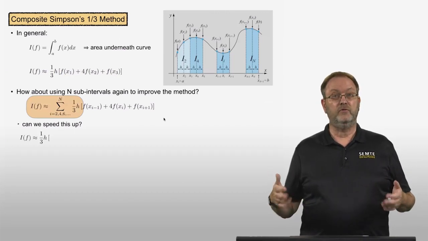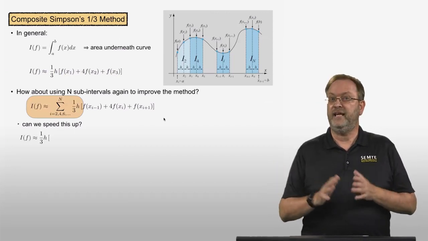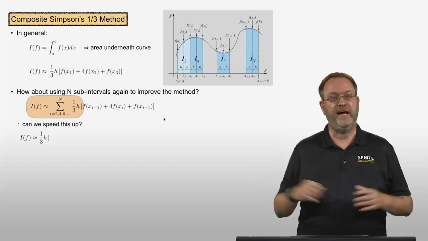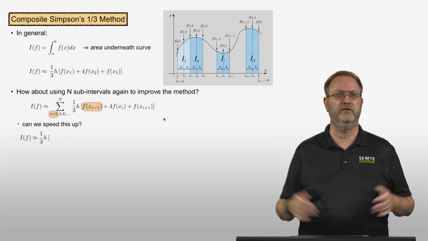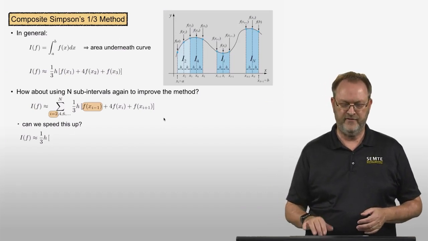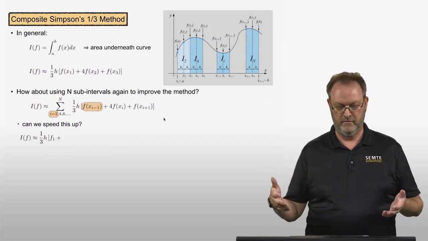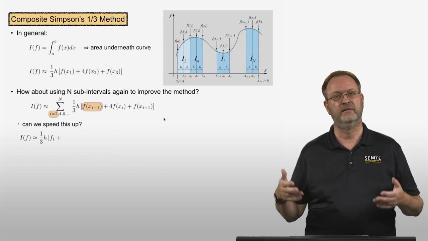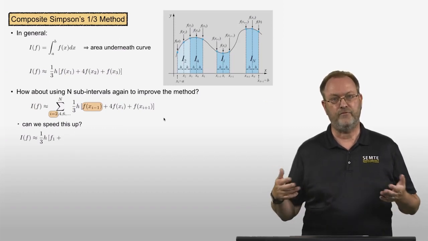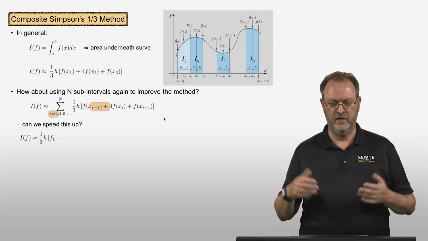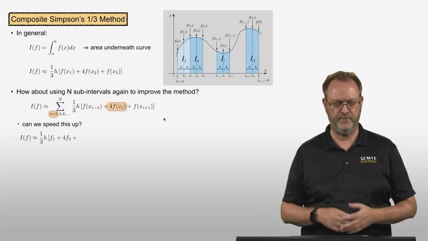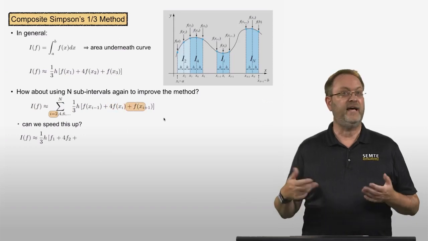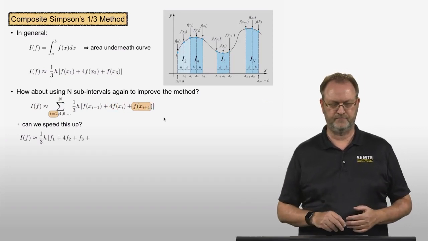So I'm going to start out with 1/3 h, which is in each one of the summation terms, so I can factor that out. So I have 1/3 h times, let's start with the first set here. I have f of i equal 2, so x_{2-1}, so that's f1, plus 4 times f2, right, at the second point, plus f at the third point.